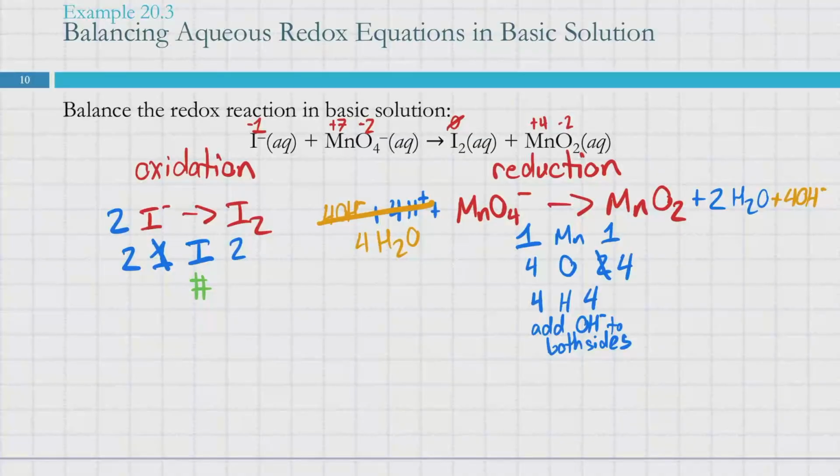So for our oxidation half reaction, what's our charge on the left side? We'll write it as -2. We've got 2 times the 1 minus charge. On the right side, 0. We have to add electrons.